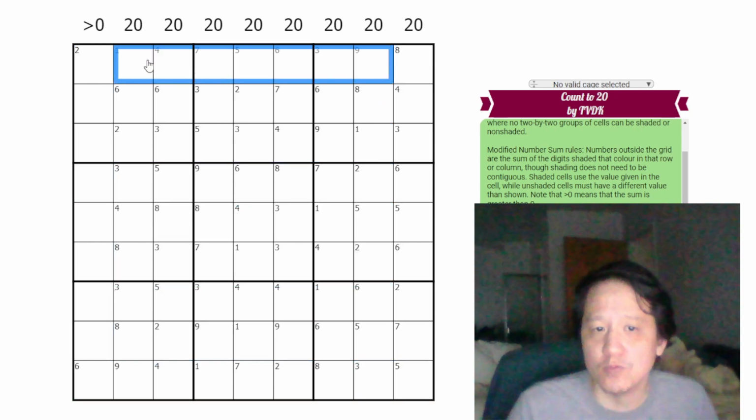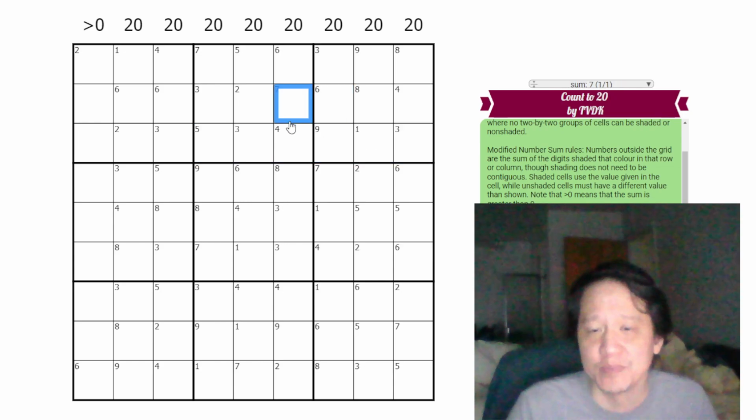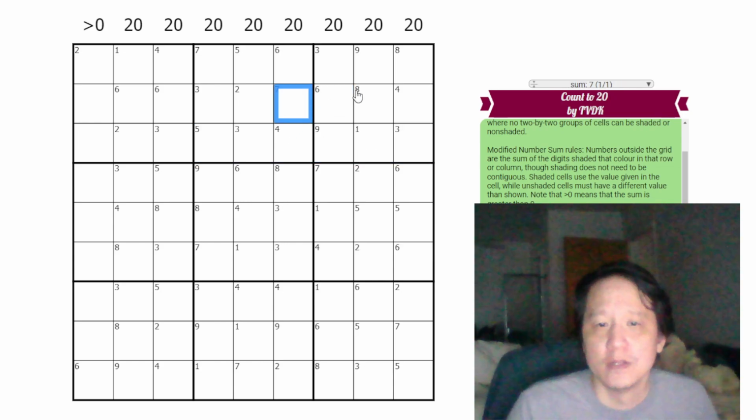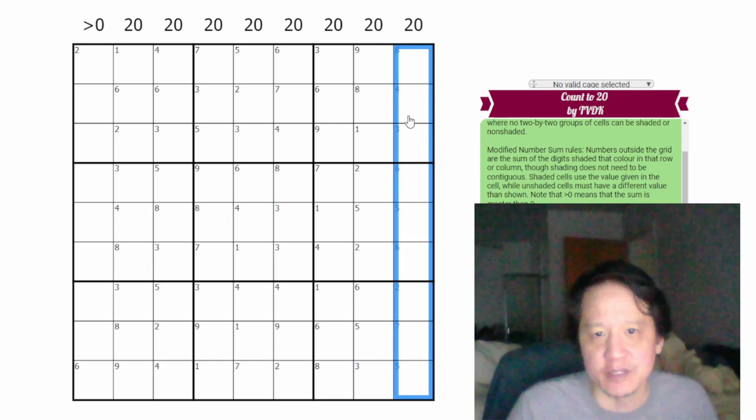Okay, so I'm not completely certain of the rules, and if the rules are wrong, we're going to figure it out fairly quickly. But the number outside the grid, so there's a lot of 20s, it's the sum of the digits that are shaded, I'm assuming. Though the shading does not need to be contiguous.